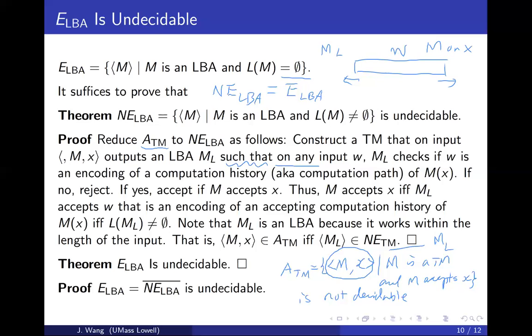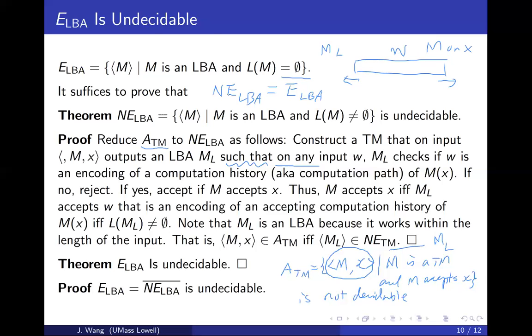Of course, we can only have two answers. One answer is no, so it is not an encoding of a computation history. Then we simply reject it. If the answer is yes, which means it does encode a computation history of M on X, which could be either accepting or rejecting, then if it's accepting, we accept.